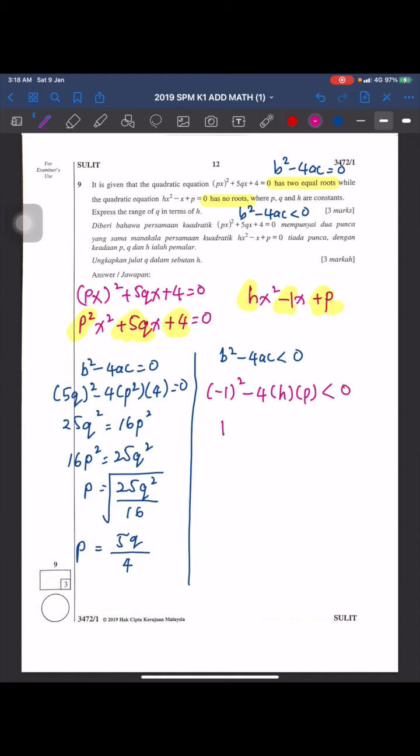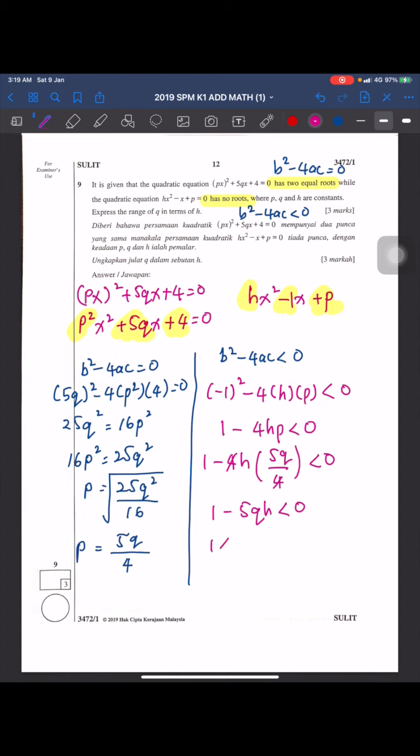So, pemudahkan, 1 minus 4hp less than 0. So, sini ada p. Mana nak dapat nilai p ni? Ni kita dah cari sebelum tu tadi. So, just substitute sahaja. Okay, so 1 minus 4h, p is 5q over 4, less than 0. 4 boleh potong. So, tinggal 1 minus 5qh less than 0.